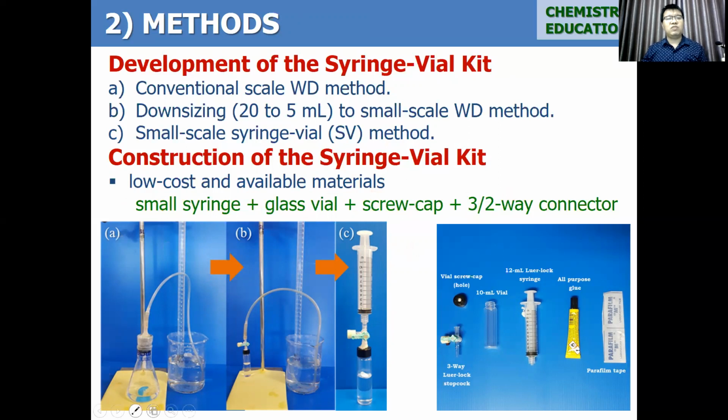First, we do the experiment at the conventional scale, then downsize to a small scale, but still using water displacement in a burette as a gas measurement method. And finally, we use the syringe as the gas measurement method.